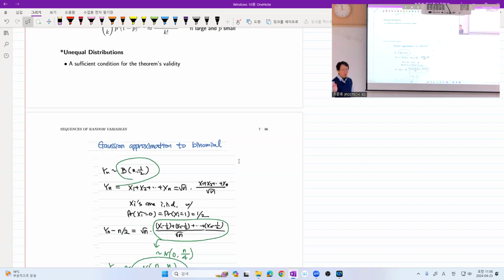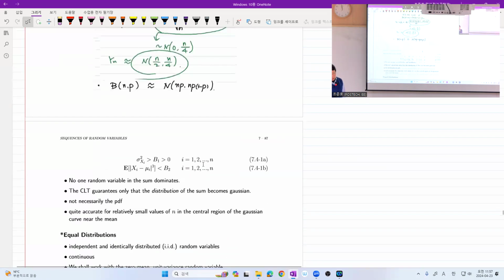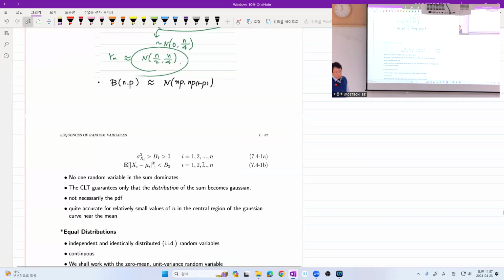However, in most of the cases, this is true. They may have unequal distributions, but no one random variable must dominate when they are summed. Okay? So here, no one random variable dominates. Here, even variances and means are relaxed, not as identical numbers, right?